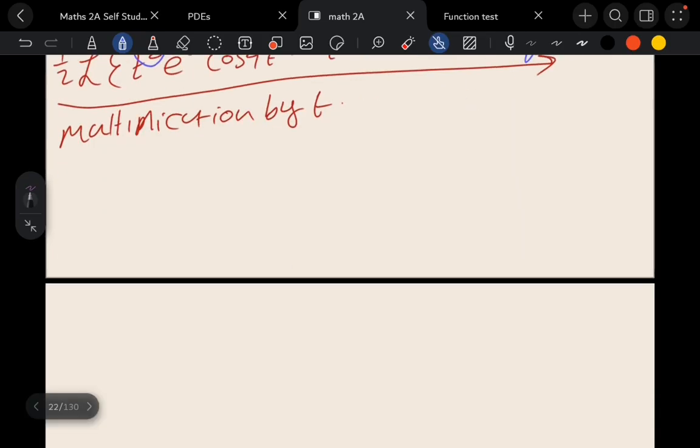So today we are doing Theorem 3, which is multiplication by t. What does Theorem 3 state?